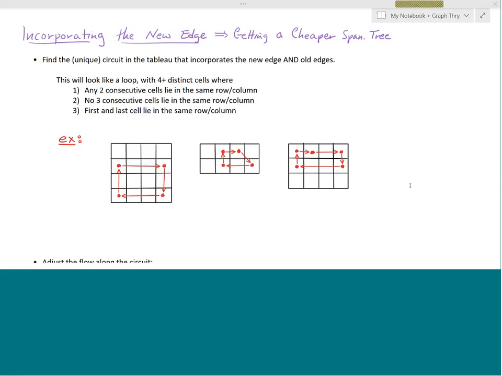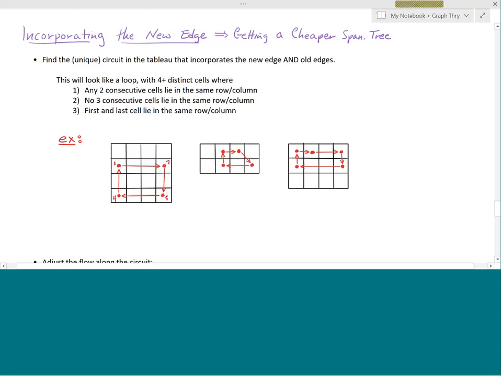So this is the thing where we talk about first and last cell. It would be different depending on which cell you figure is the first one. So for example, in this first picture right here, if we pick the upper left corner to be your first cell, this would be like the first cell. Actually, I'll label it with a little 1, 2, 3. So this would be like first cell, this would be like second cell, third cell, fourth cell.